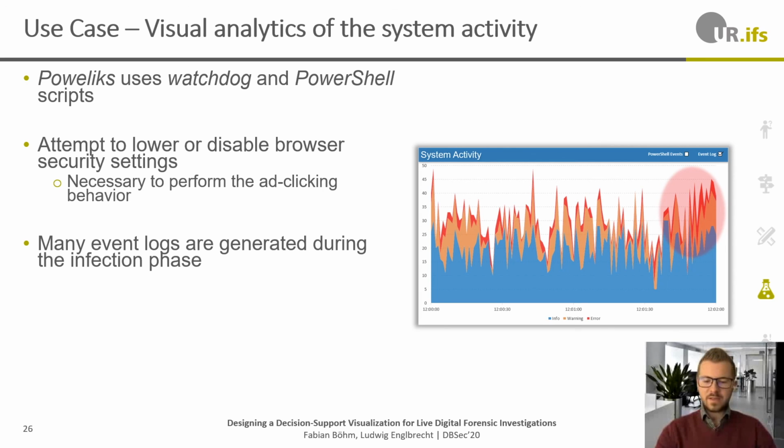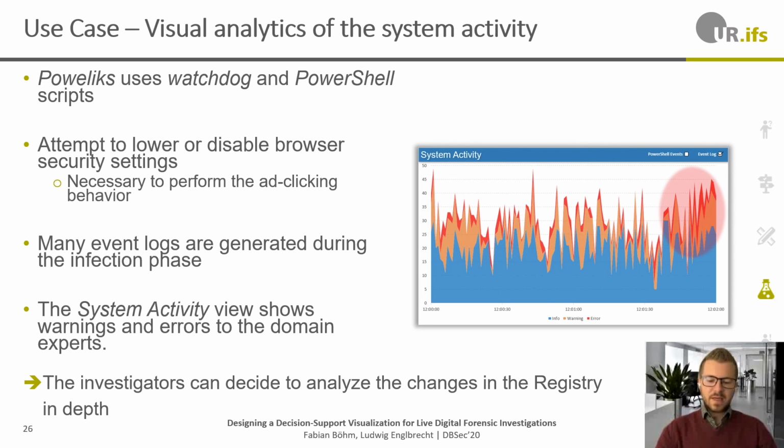Let's have a look at the picture at the right-hand side. We can see an increasing amount of warnings. The domain experts can see these increasing values and decide what is the next right direction in the investigation.